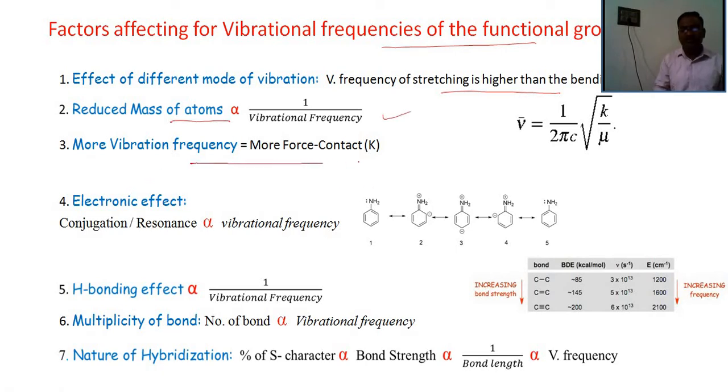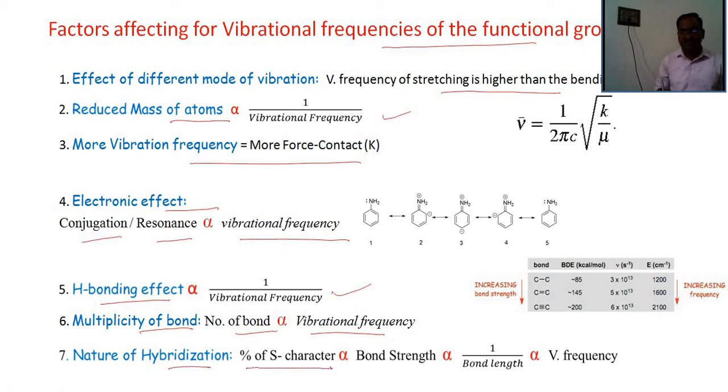Vibrational frequency is directly related to the force constant. In electronic effects, conjugation and resonance are directly proportional to the vibrational frequency. The hydrogen bonding effect is inversely proportional to the vibrational frequency. Multiplicity of bond, meaning the number of bonds, is directly proportional to the vibrational frequency.